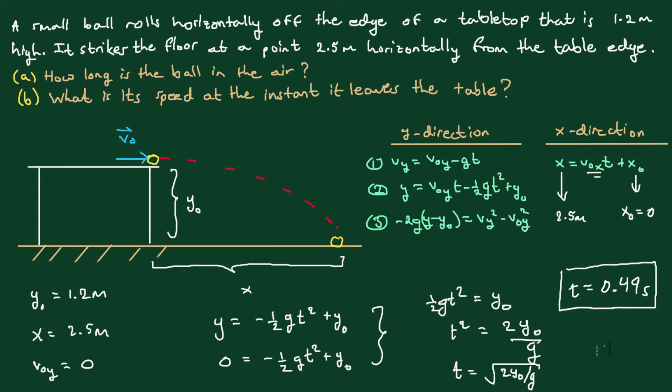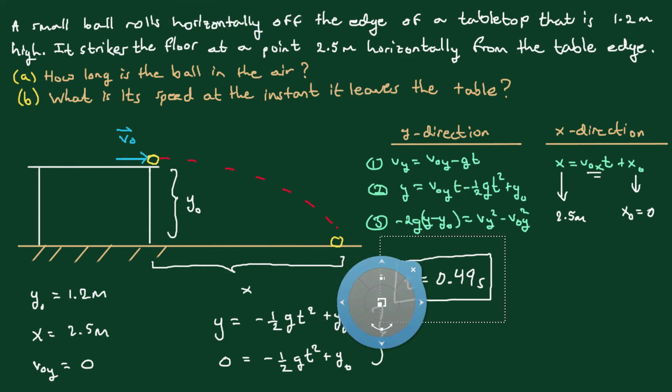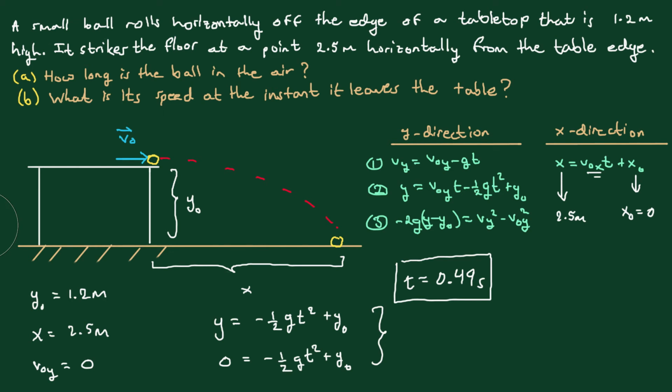So that means we can rewrite that equation, and we can move the t over here. We can write this equation as x is equal to v0x times t, because we're considering x0 to be 0.